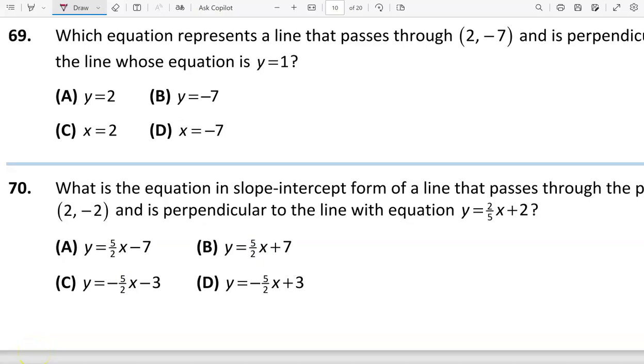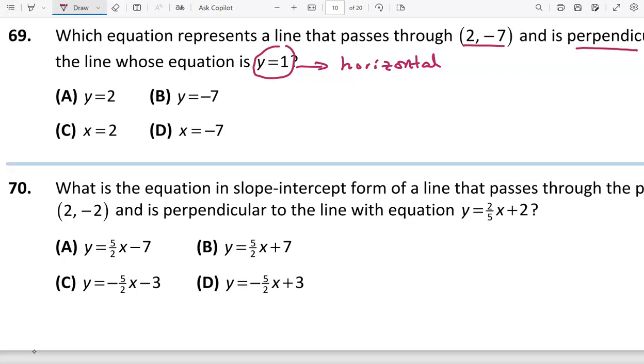In 69, we're asked for the equation of a line that passes through a given point and is perpendicular to a given line. The line y is equal to 1 is a horizontal line because all equations of lines that are in the form y equals a number are horizontal.